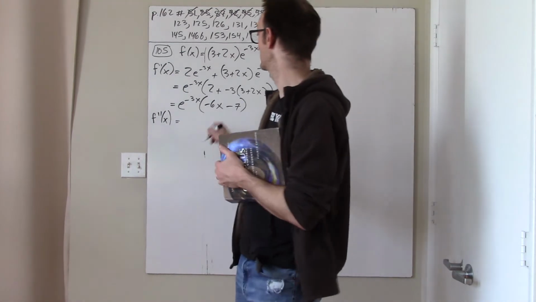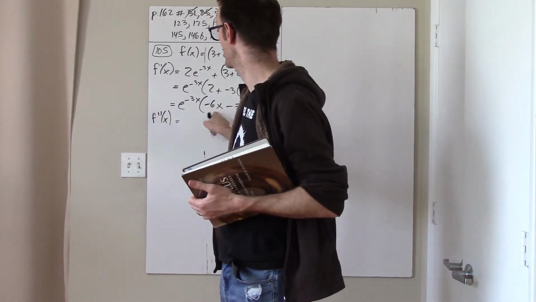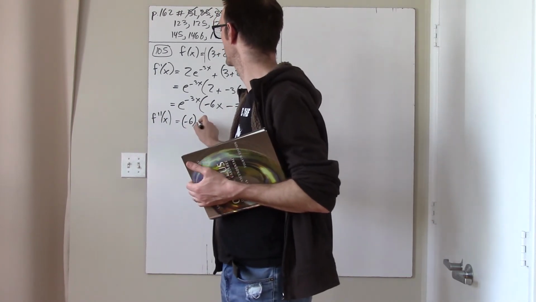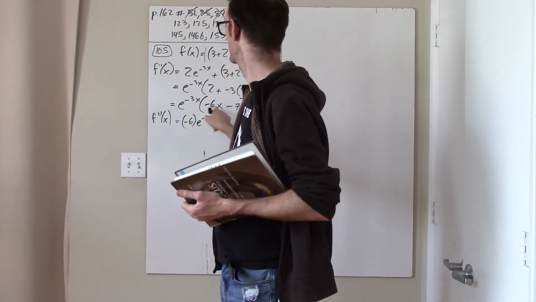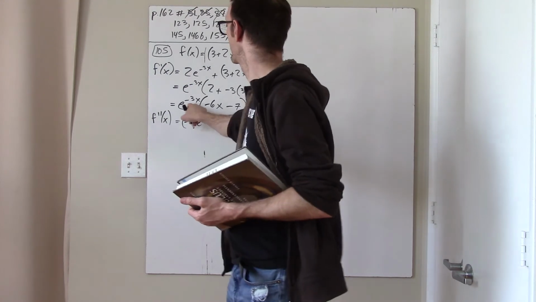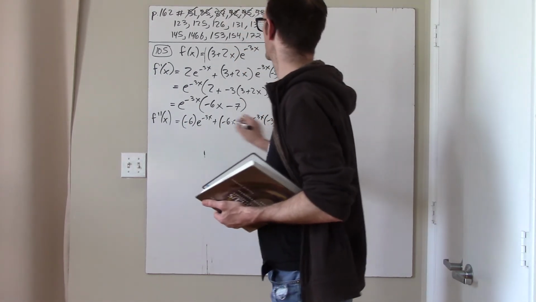So now I'll do it this way. The derivative of this one is negative 6 times e to the negative 3x plus derivative of this times this plus this times the derivative of that, which we know to be e to the negative 3x back inside negative 3.